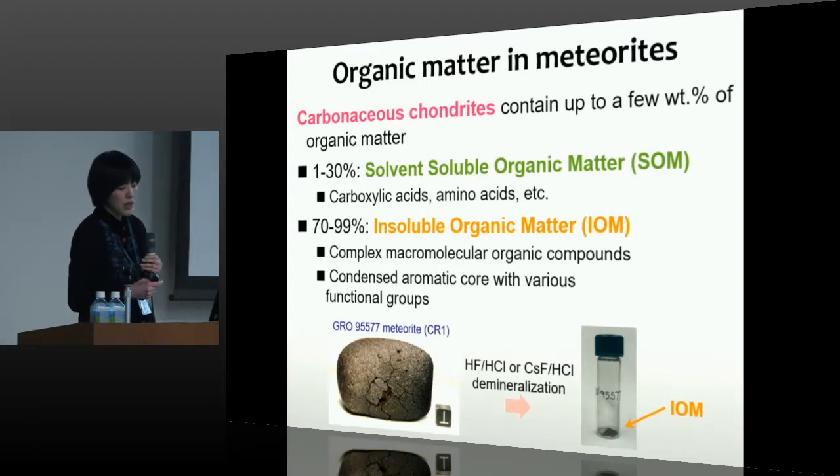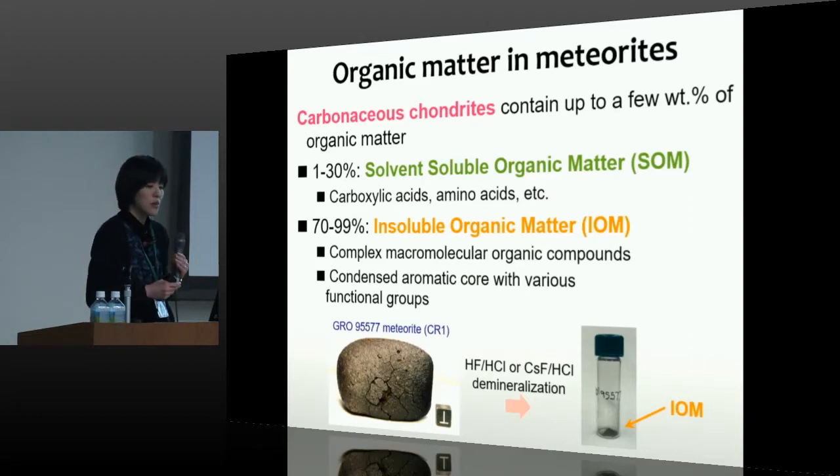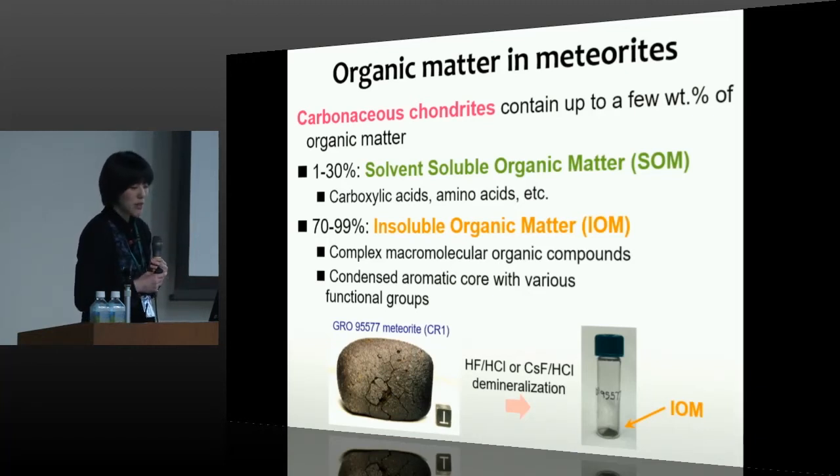Some part is so-called soluble organic matter, which is extractable with solvent, methanol or water or something like that, including carboxylic acids and amino acids and so on. The majority actually exists as insoluble organic matter, so-called IOM, which is collected after acid demineralization.